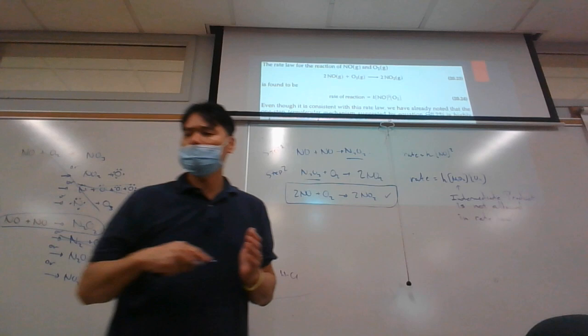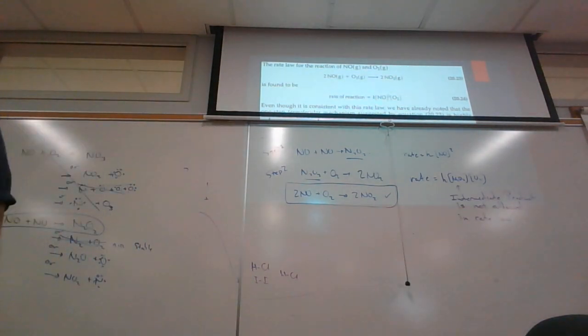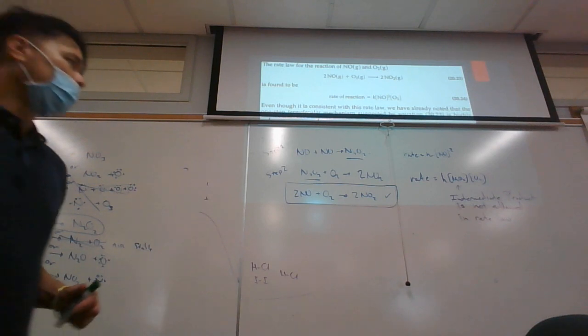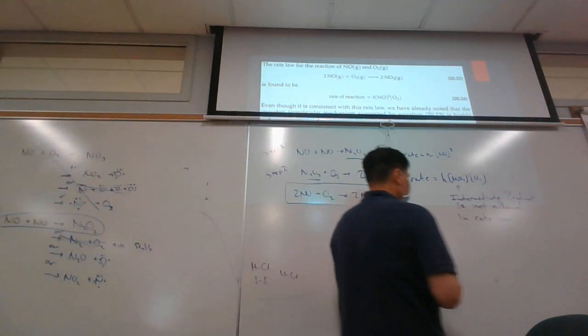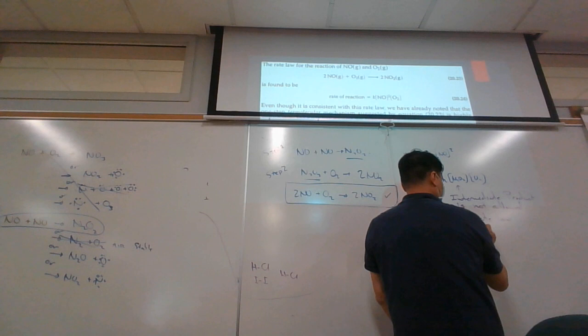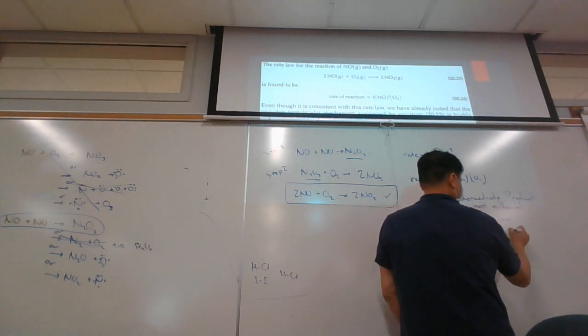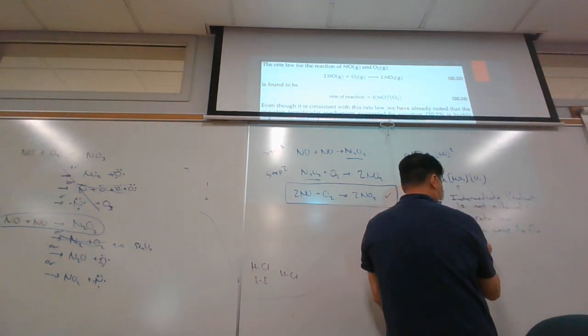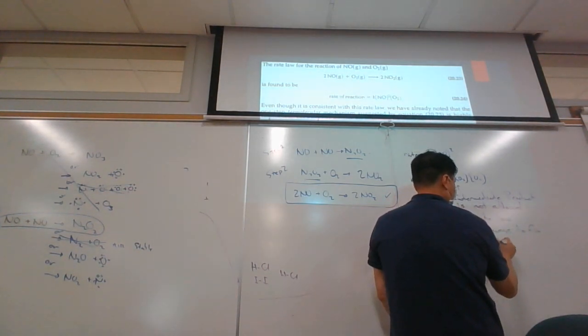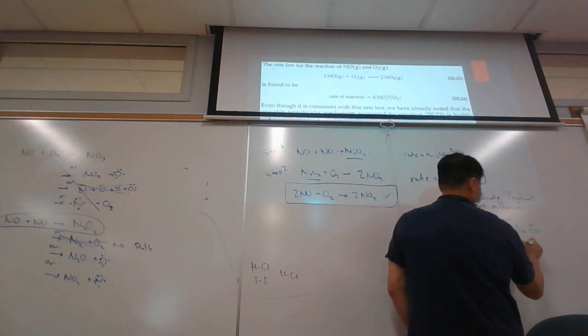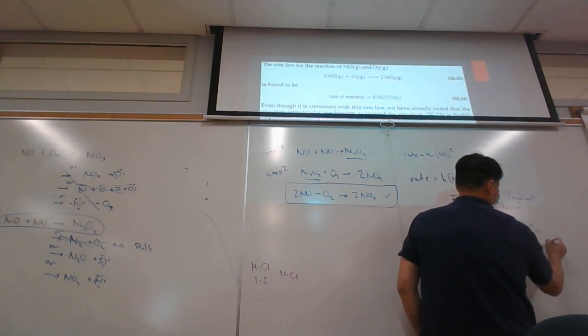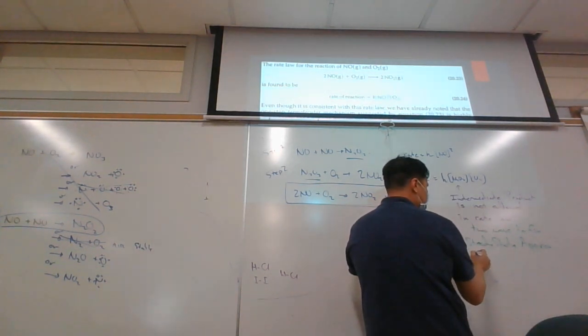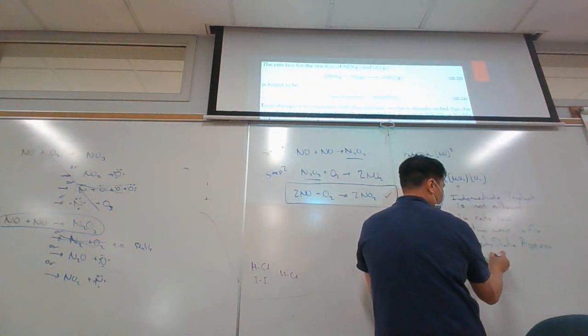There are two ways to get rid of the intermediate product. Two ways to fix. One is the steady state approximation. The second way is a simplified version of the steady state approximation.